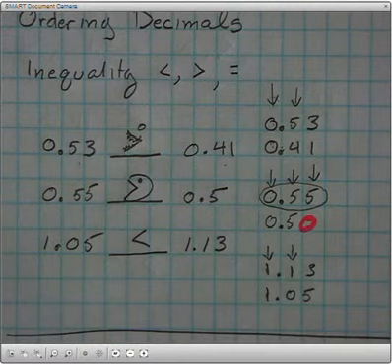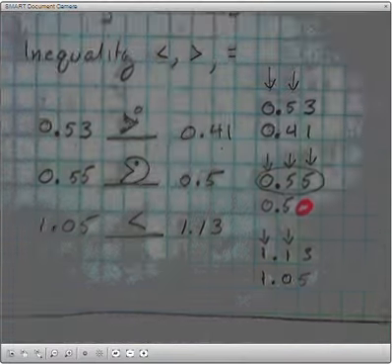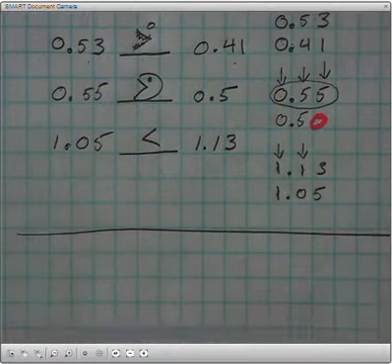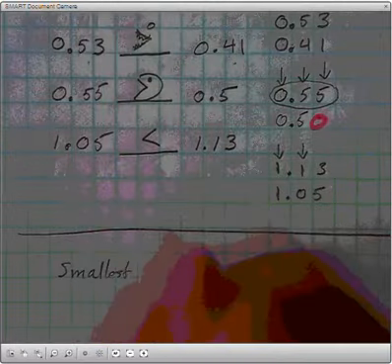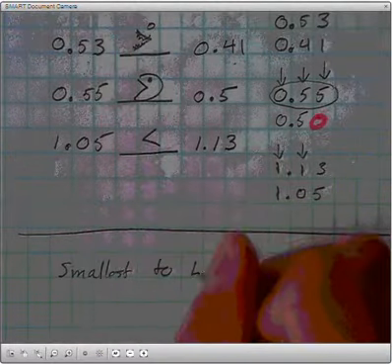There are going to be times where we have a lot of decimals that we have to order. And we might have to put them in order from, let's say, smallest to largest.